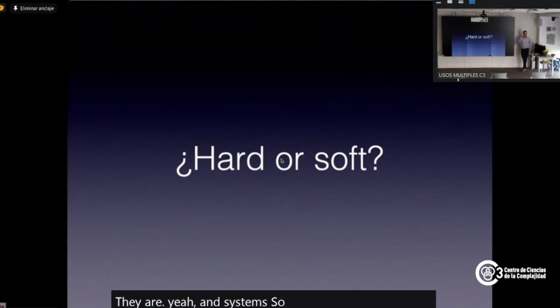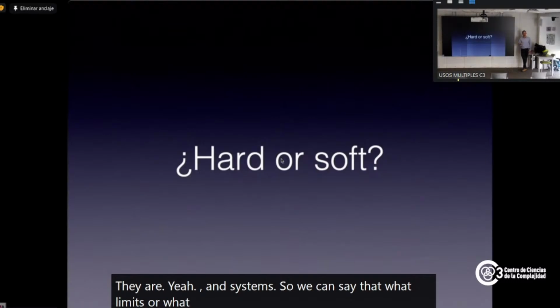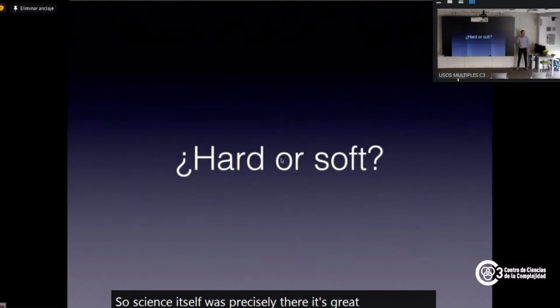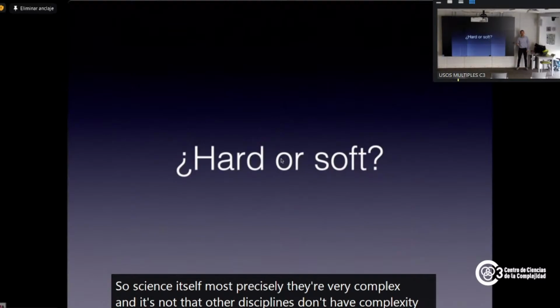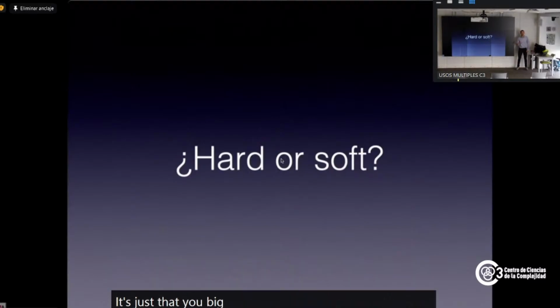So we can say that what used to make soft sciences soft was precisely their inherent complexity. It's not that other disciplines don't have complexity, it's just that they could get away with ignoring it until recently.